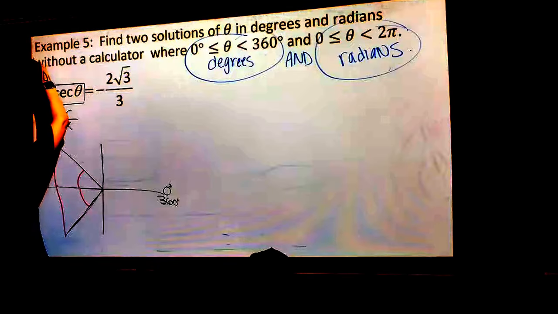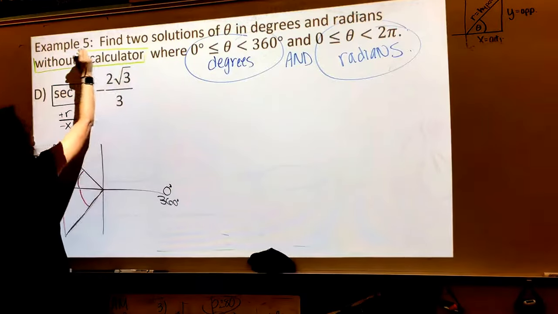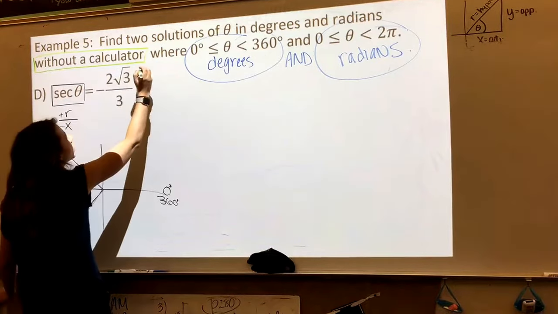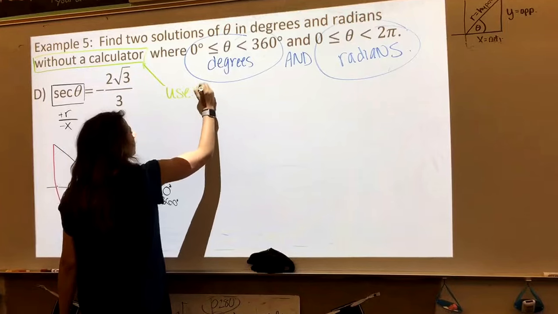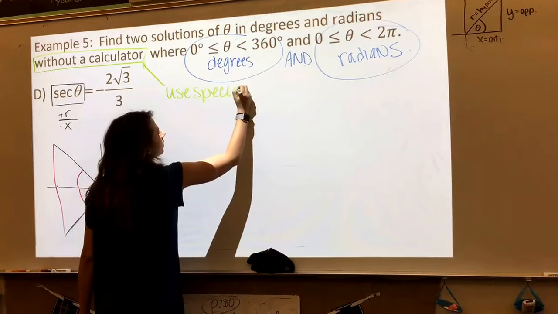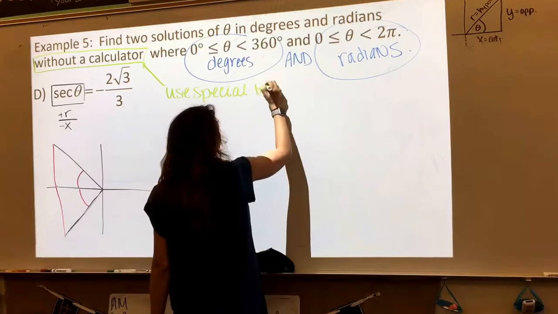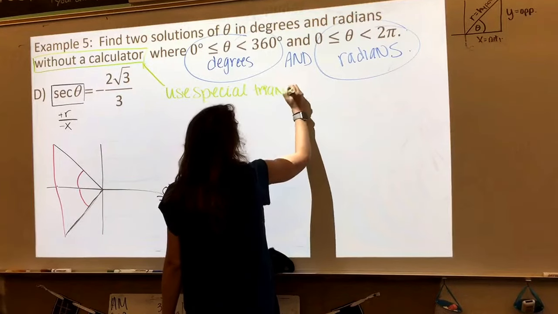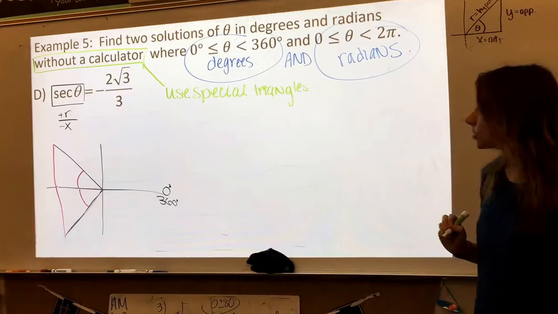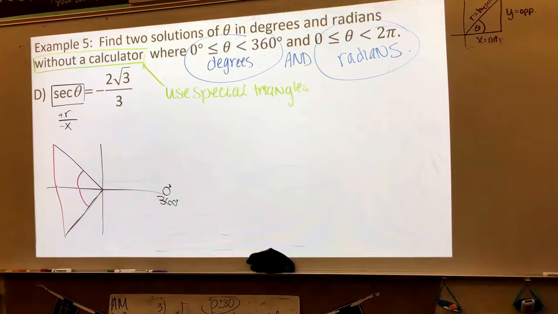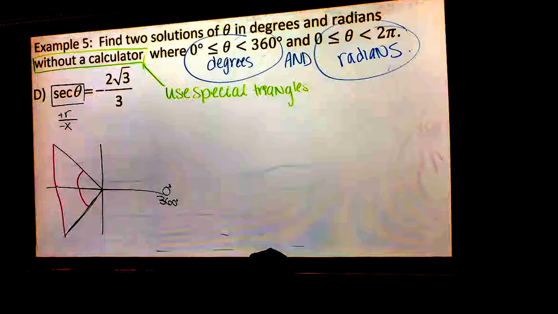Okay. So, I'm going to give you guys another decoding helpful hint. When it says without a calculator, that means that we are using special triangles. So, the special triangles all have those special ratios.